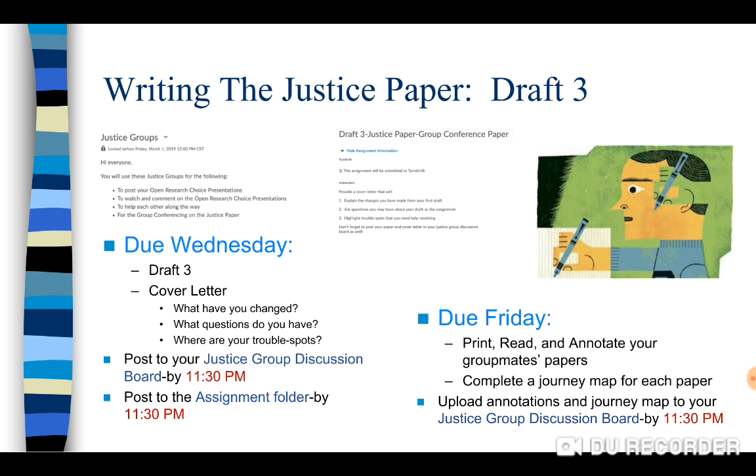Please make sure that you're looking back at this discussion board, because if your group mates have any questions about your feedback or have any questions at all, you can help them with that. Okay, so that's how we're doing conferences for this justice paper. Again, you're just reading the people in your group. Some of you have 2, some of you have 3 people in your group, but there's no more than 3. So just read your 2 or 3 other group members' papers, help them as much as you can, map out their journey, and give them the feedback. And again, I will get you feedback also by Friday.